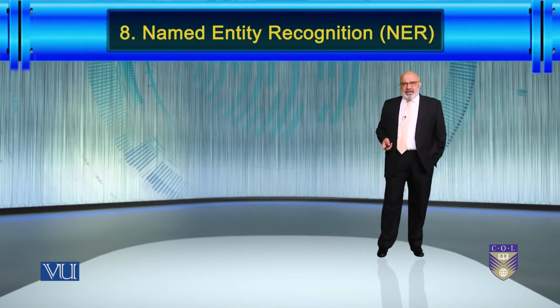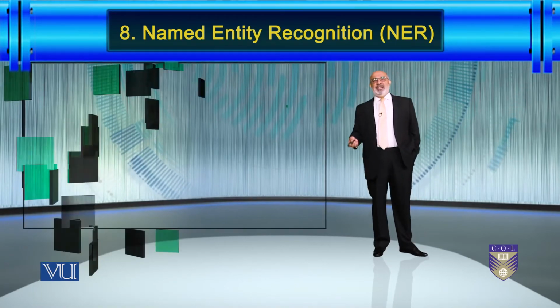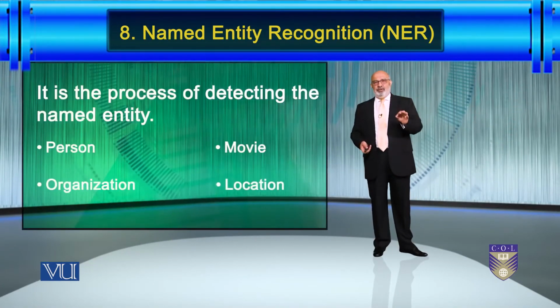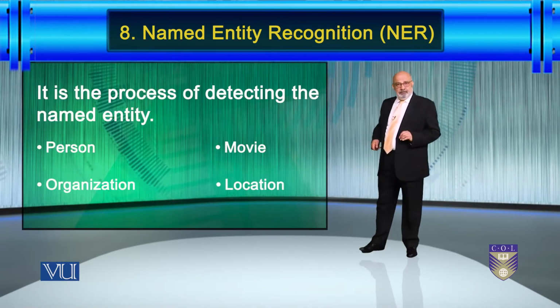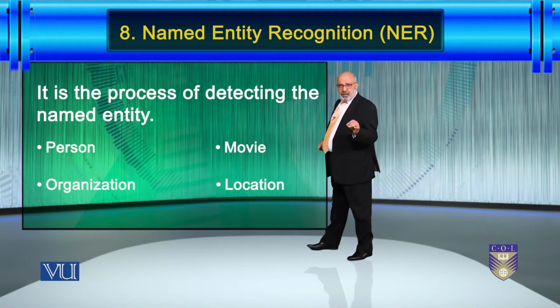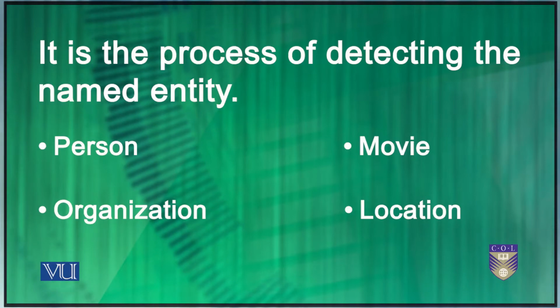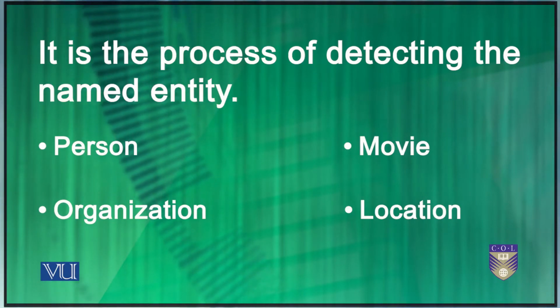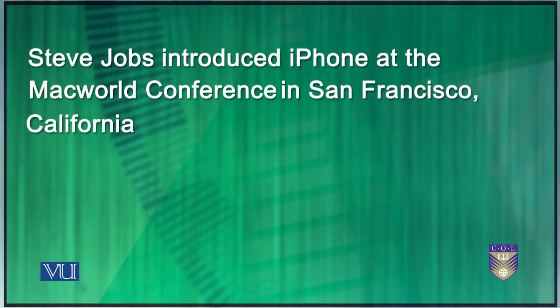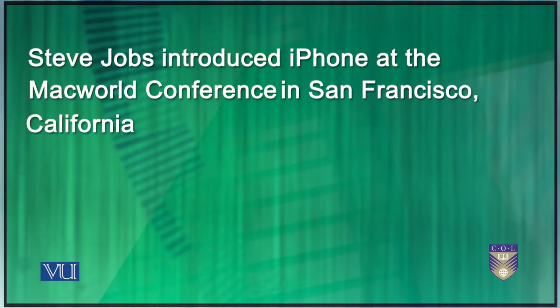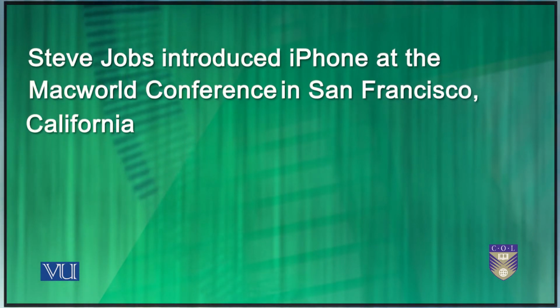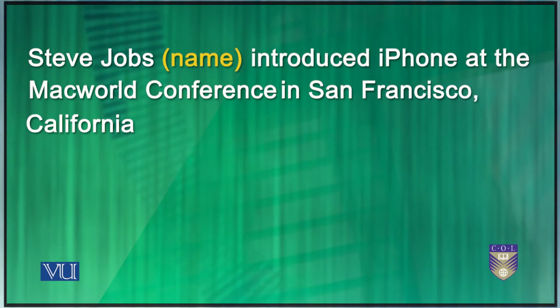Step number 8, named entity recognition, NER. This is the process of detecting the named entities, such as person name, movie name, organization name, or location. Steve Jobs introduced iPhone at the Macworld conference in San Francisco, California. So Steve Jobs, that's the name part, introduced iPhone at the Macworld conference.